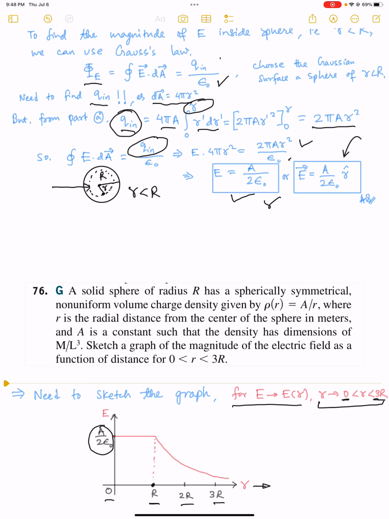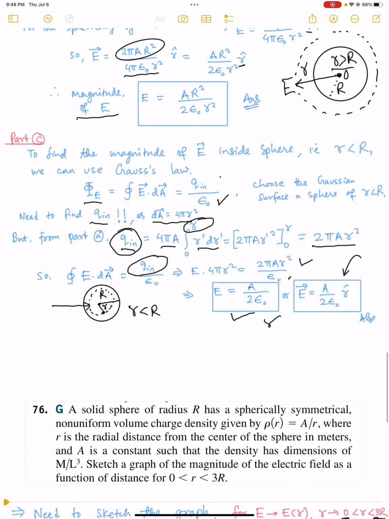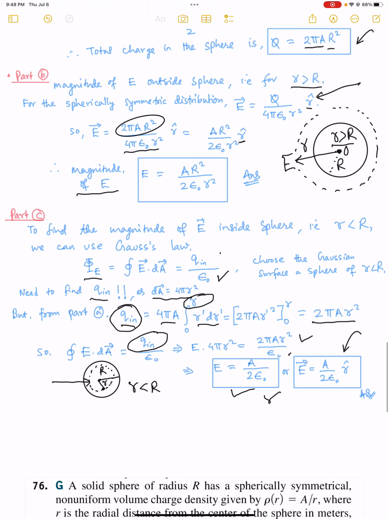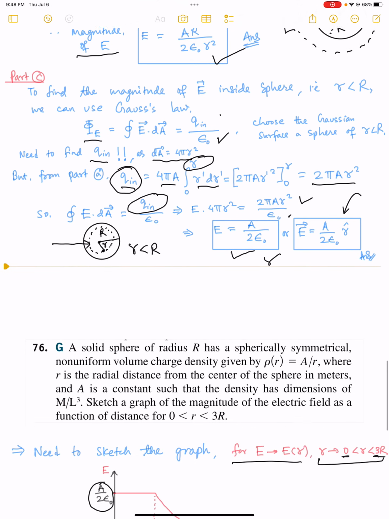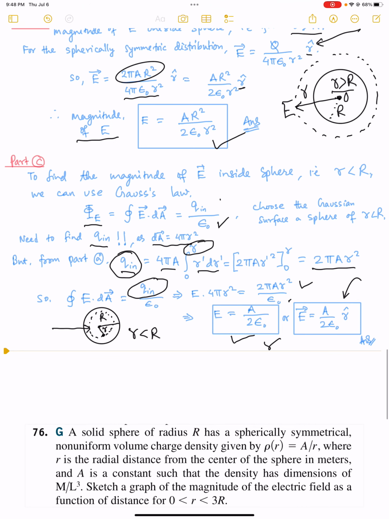As the distance from the origin increases, the electric field decreases like this. At distance r greater than the radius, the electric field is this much. So obviously, as the distance increases, E is decreasing.